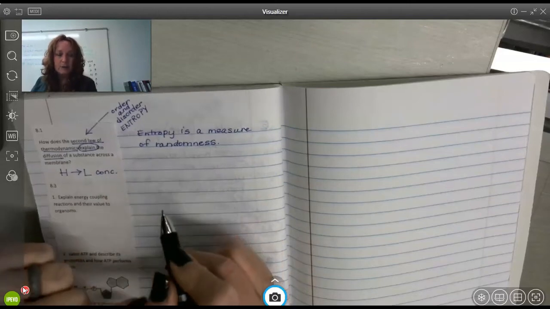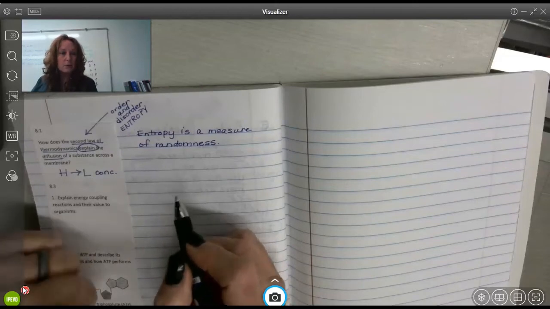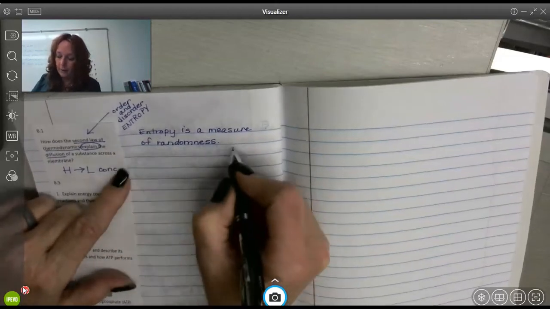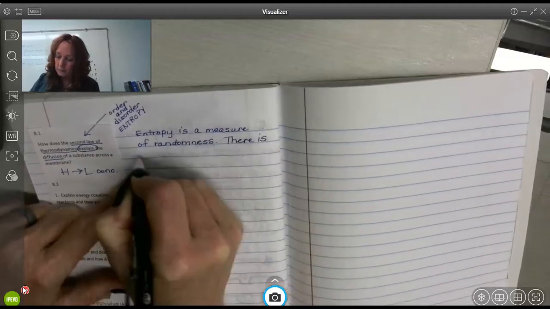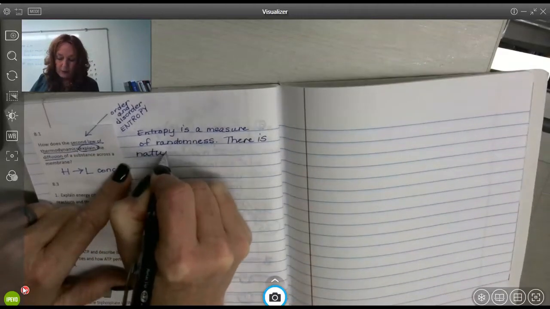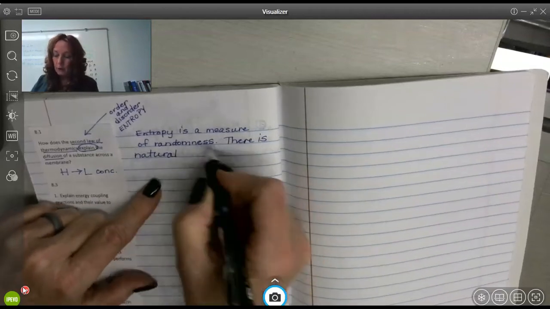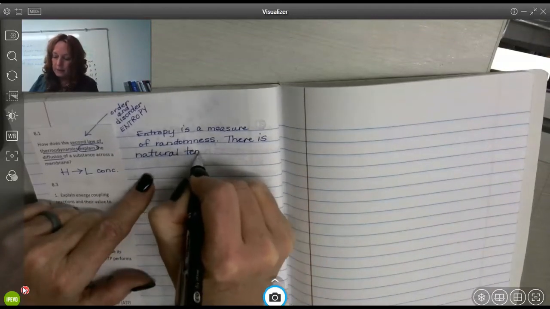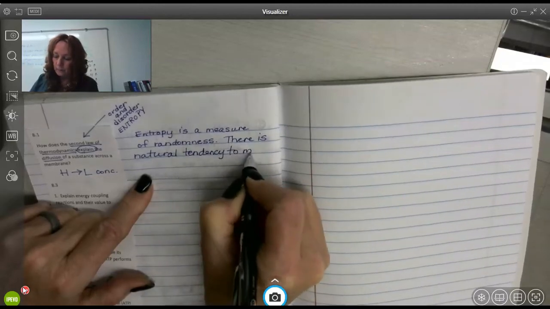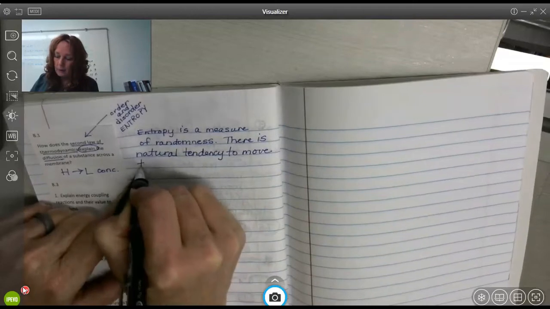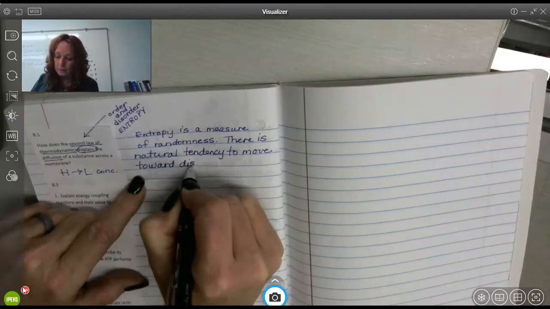That's the natural tendency of systems, is to move to disorder. So let's write that. So there is, in other words, this is the way that the world works, the universe. There is a natural tendency to move toward disorder.